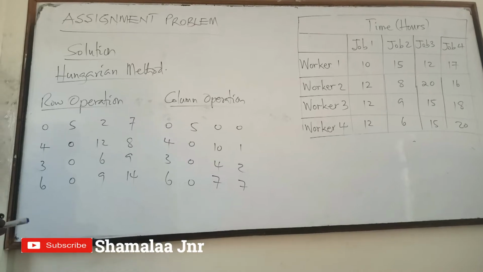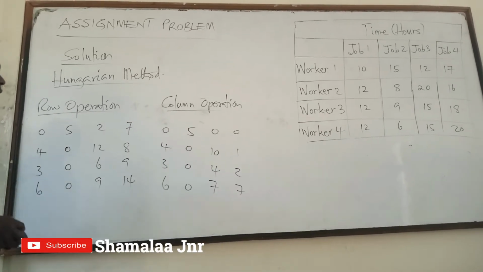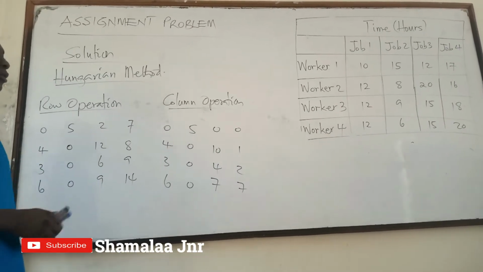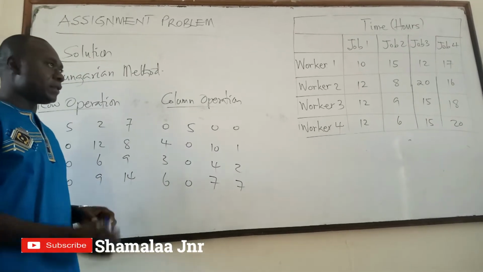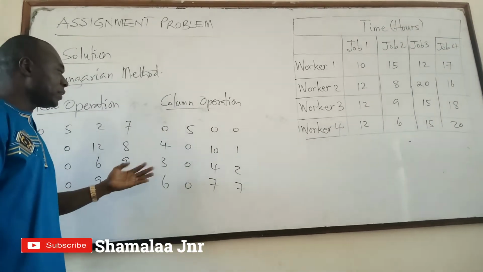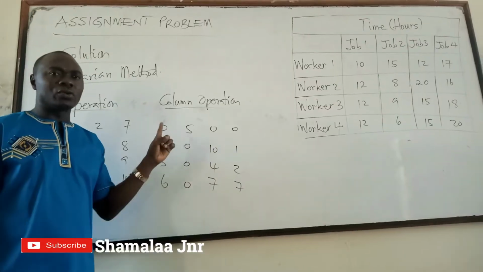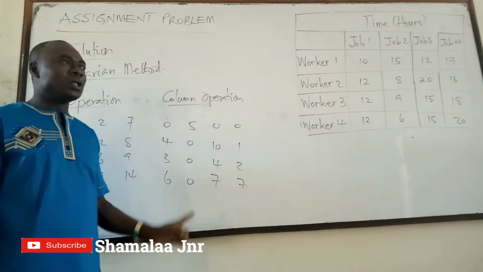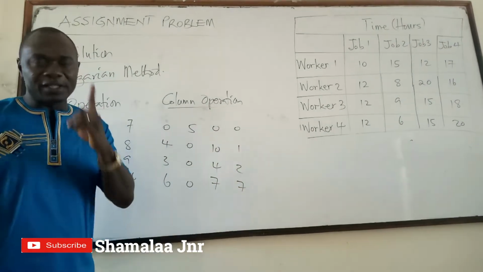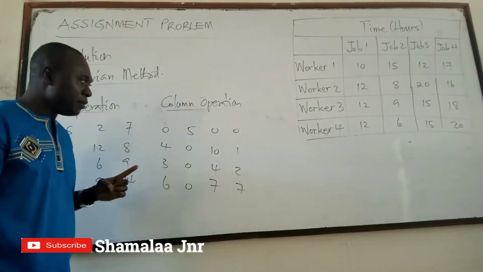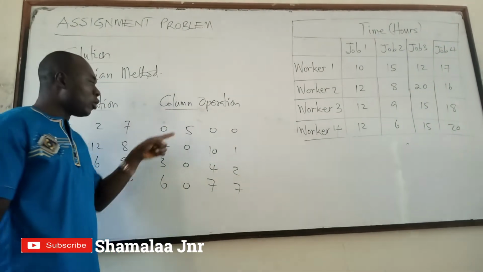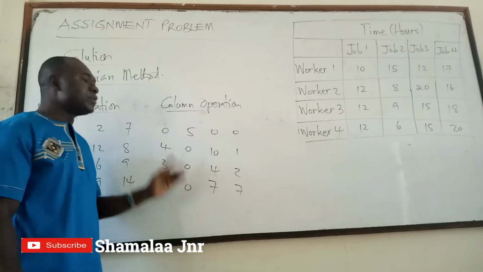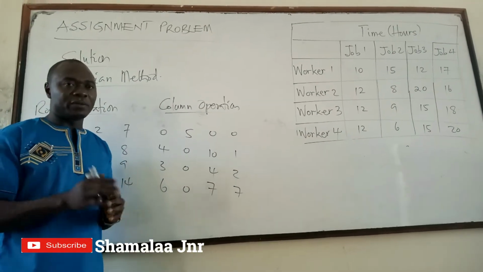Okay. Now, when we are done with the column operation, the next thing to do is this. We are going to cross out all the zeros using the least number of lines as possible.